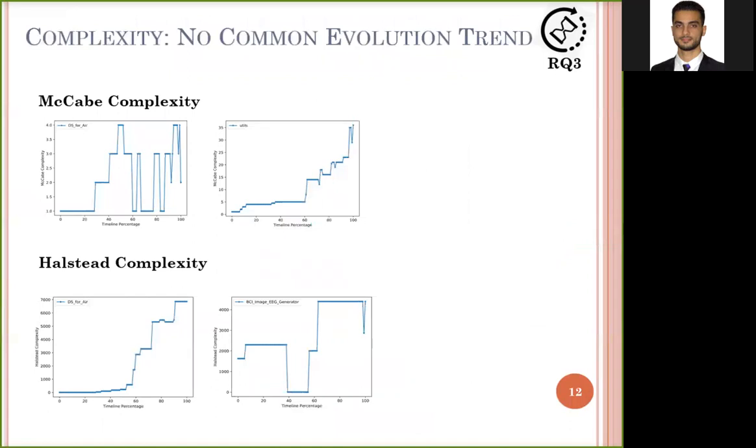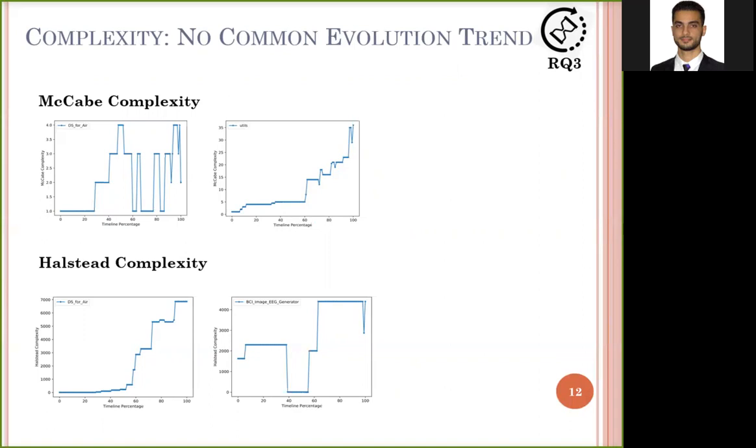As a result, we compute the Halstead and McCabe complexity for each project, and we didn't find a common evolution trend. We classify the complexity trends into increasing, fluctuating, major impact, and sudden drop. Here we can see some examples of the complexity evolution.